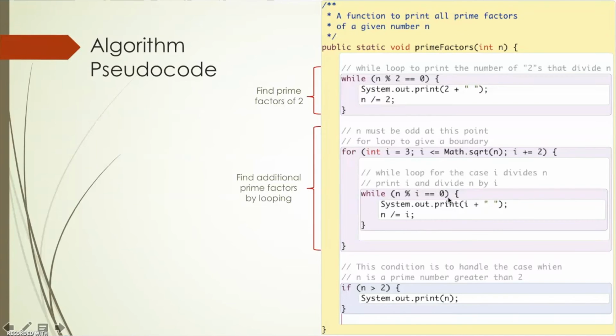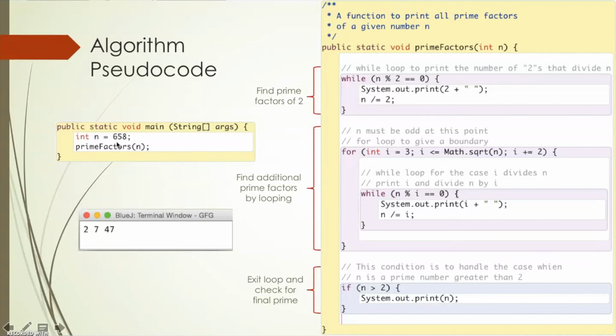The while loop states that if we get a remainder of 0 every time we divide n by i, then we'll print i and we'll divide n by i. So from the for loop here, if we have i plus 2 greater than square root of n, what we want to do is to exit the loop and check for the prime number. So if a number is prime and it is greater than 2, then we'll print out the number.